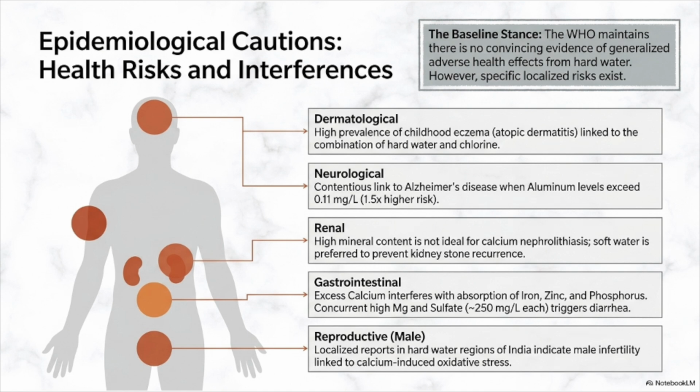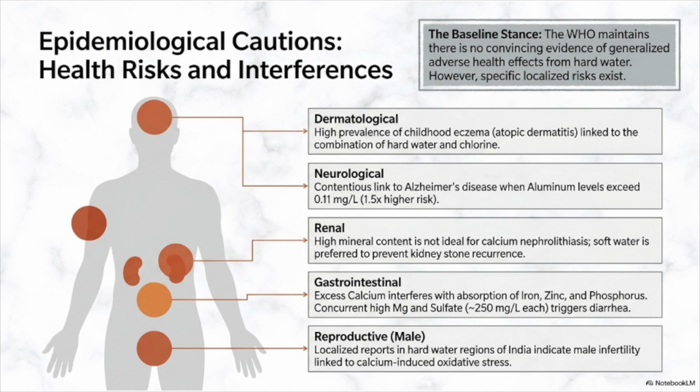On the renal front, high mineral content is not ideal for calcium nephrolithiasis, meaning soft water is generally preferred to prevent kidney stone recurrence. On the gastrointestinal front, excess calcium interferes with the absorption of iron, zinc, and phosphorus, while concurrent high magnesium and sulfate levels around 250 milligrams per liter each can trigger diarrhea.